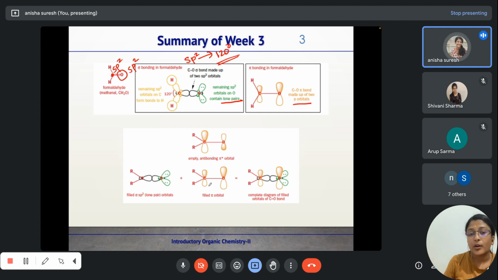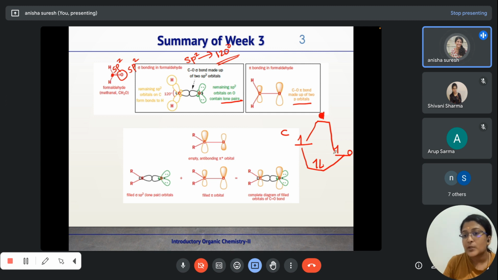Now the pi bonding is resulted from filled pi orbital. So here we can see carbon will be having one electron and oxygen, which is electronegative, will be having one electron. So it will combine to form molecular orbitals. Sorry, here there will be no electrons.